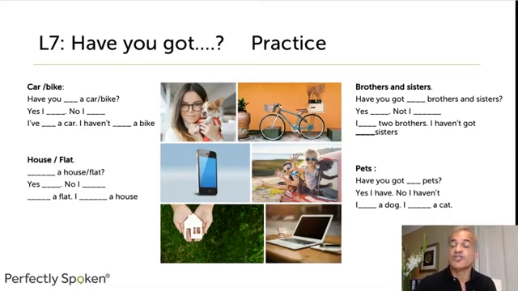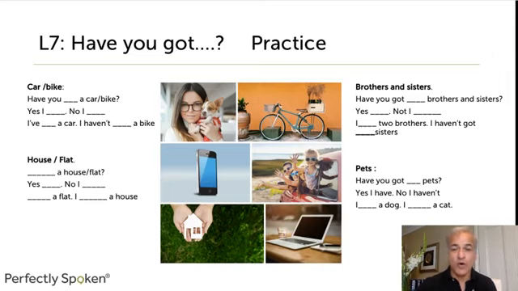I haven't got a bike. Have you got a house? Have you got a flat? Yes, I have. No, I haven't. Oh, sorry, affirmative, I've got a flat. And negative, I haven't got a house.